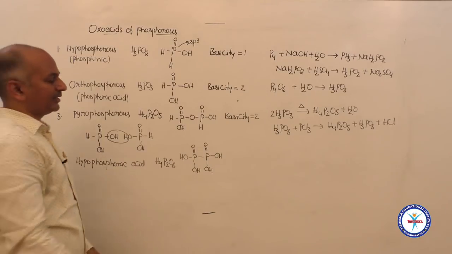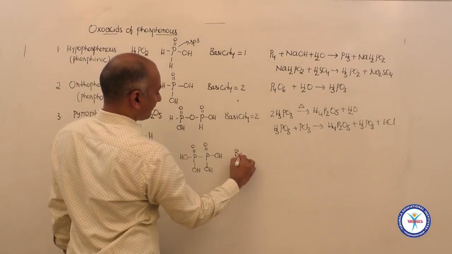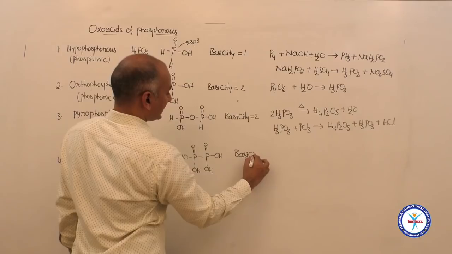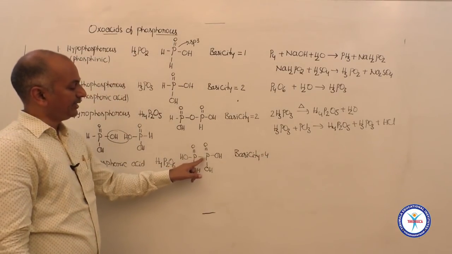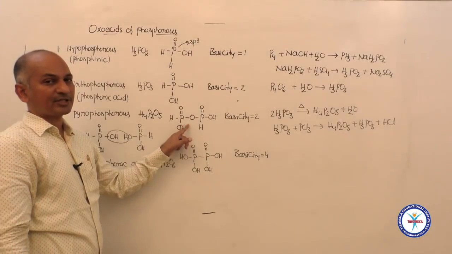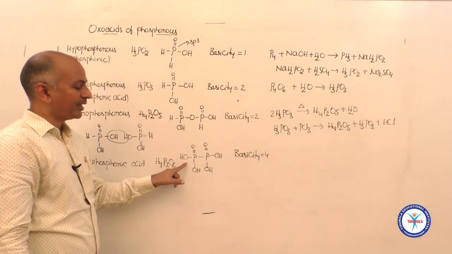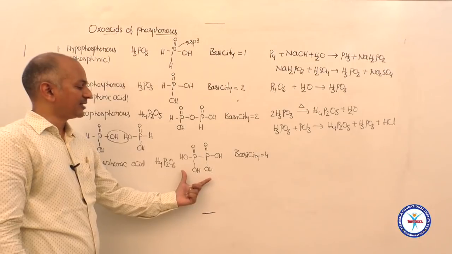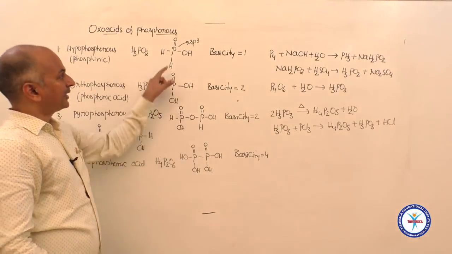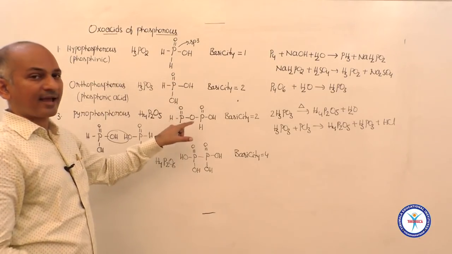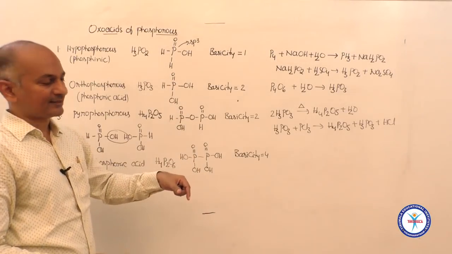And what is the basicity of this compound? Basicity is 4. And see, in this compound there is PP bond, and here we don't have such a bond, and here we don't have PH bond. So this compound is not reducing in nature. This is only acid. But these 3 oxo acids are acids as well as reducing agents.